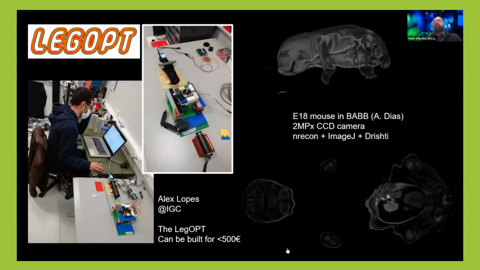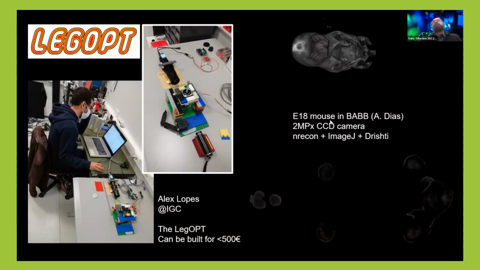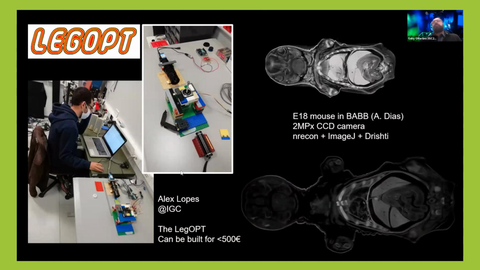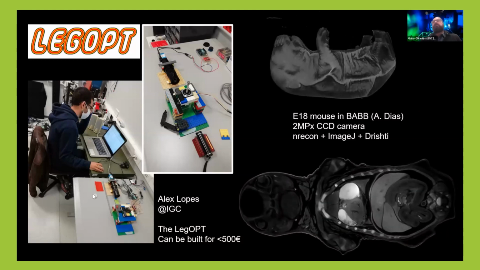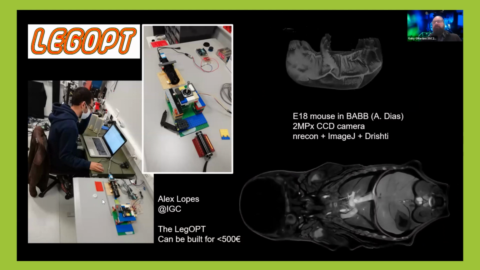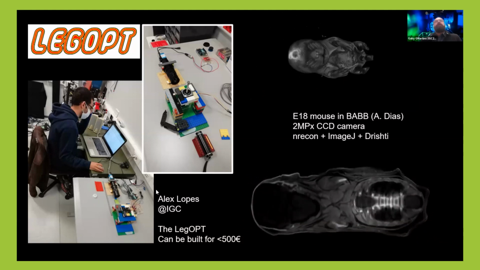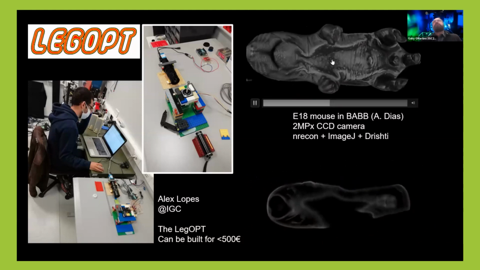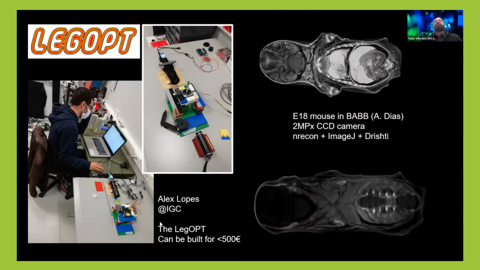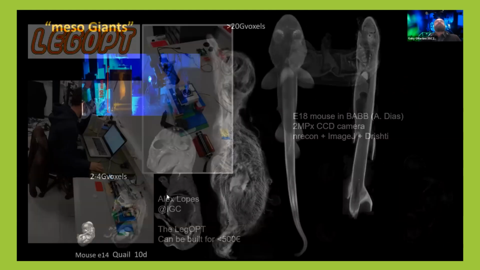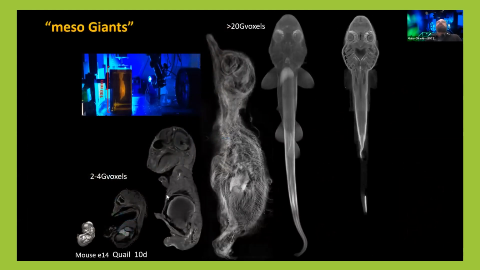You can build your own OPT. And I'm not fooling you. These are actually reconstructions made of the same embryo that we took on our OPT, and the quality is quite amazing with this very cheap setup. So it can be research grade if you're not looking into single cell high resolution, if you're just interested in anatomy, or just a weekend project. It's an interesting project.